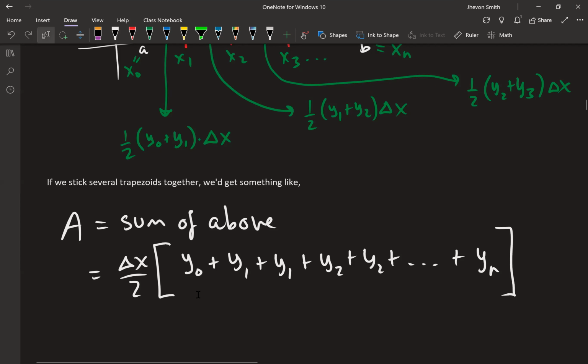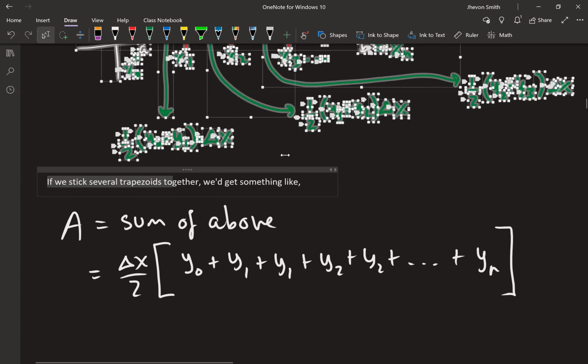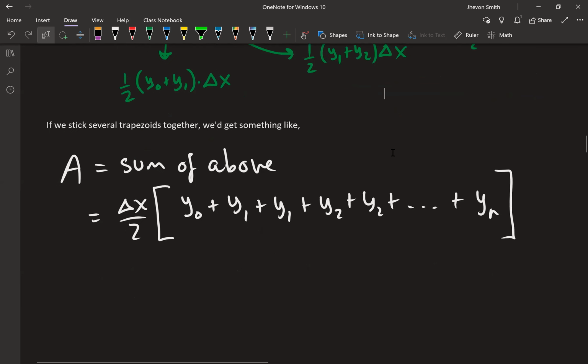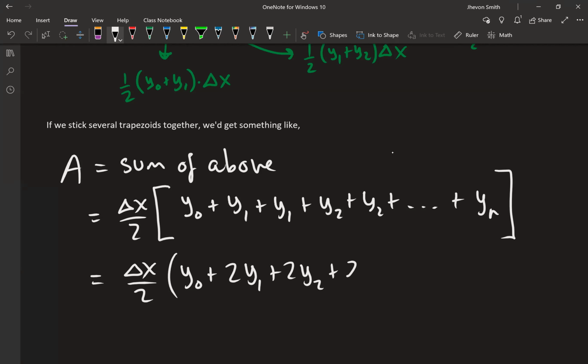You'd realize that some of these terms are doubling up because the last guy here is the first guy in the next one. And so this becomes delta x over 2 times y0 plus 2y1 plus 2y2 plus 2y3 plus up to 2y(n minus 1) plus the last guy yn. So you end up with this sort of formula.